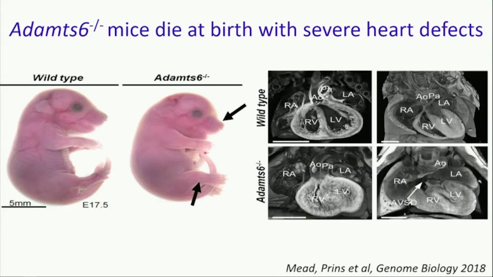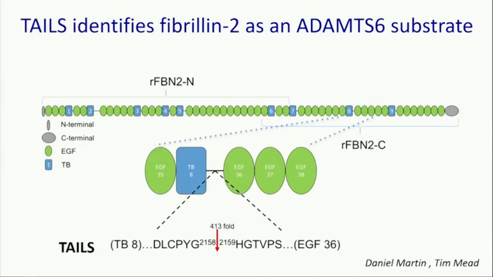And in fact, these null mutants, which were generated by Cecilia Lowe's lab, have profound cardiovascular defects, such as a double outlet right ventricle and overriding aorta, ventricular septal defect, and so on. So we applied the degradomics strategy to this as well, and identified fibrillin-2, which is a major extracellular matrix microfibril forming component, as a potential substrate.